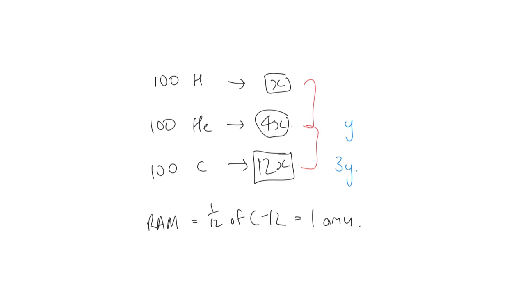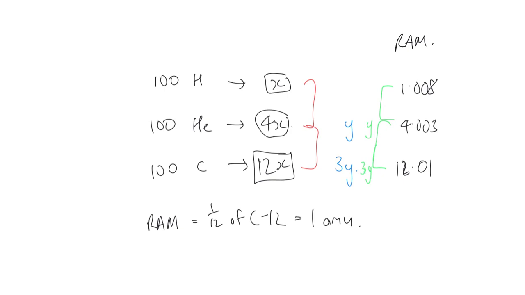So what they did was they said, okay, if I got the relative atomic masses, 1.008, 4.003, and 12.01, these are all in ratio with each other, because that's still 3Y if that's Y. So we can use the relative atomic mass.